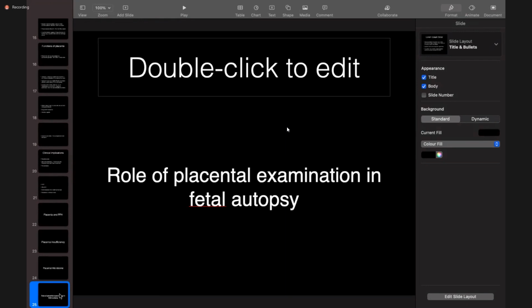Placenta, in practical terms, when we do ward work, when there is an IUD, sometimes if the baby dies inside the uterus, or if there is any severe incident like abruption or any infection involving the placenta, we send the placenta to the pathologist.